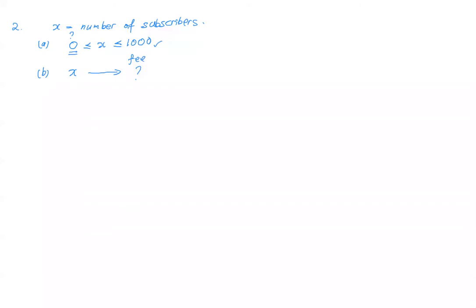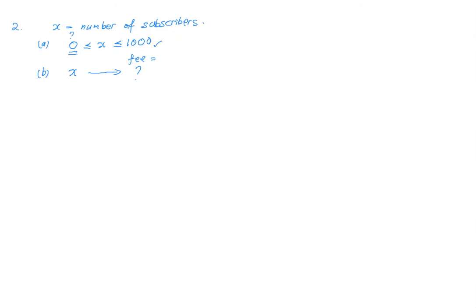Anyone has any idea? Okay, let me give you, if I write down this formula, you see whether it is okay or not. So I let the subscribing fee be equal to, that one is revenue.